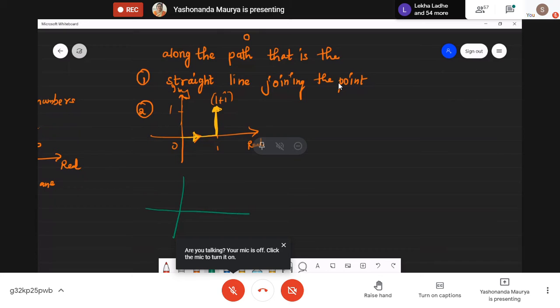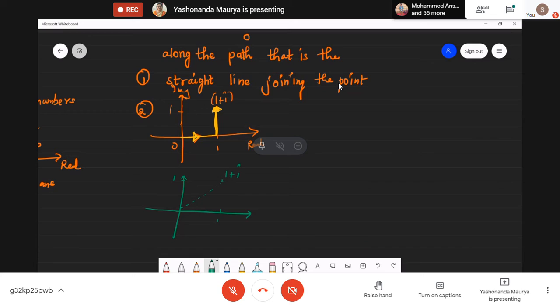Lines are not coming straight on this screen. So suppose this is 1, this is 1. This will be 1 plus i, and I draw the dotted line. Okay. Now the equation of the straight line.